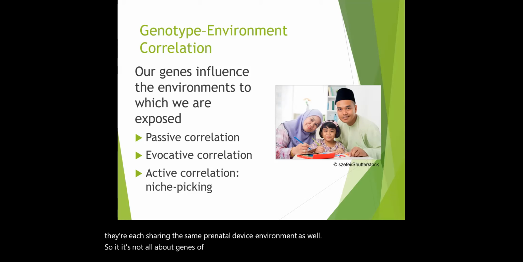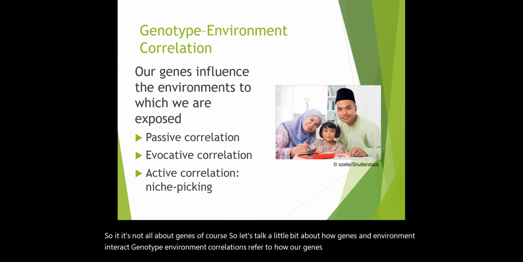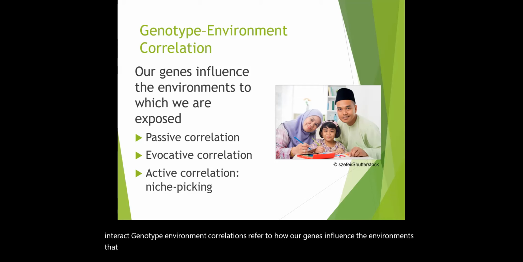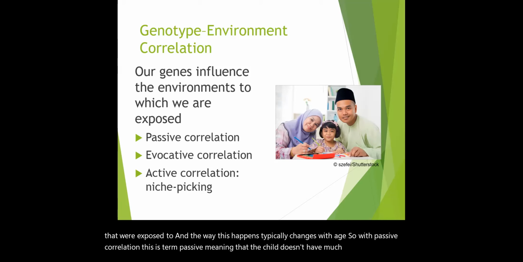So let's talk a little bit about how genes and environment interact. Genotype environment correlations refer to how our genes influence the environments that we're exposed to. And the way this happens typically changes with age. So with passive correlation, this is termed passive, meaning that the child doesn't have much control over it.